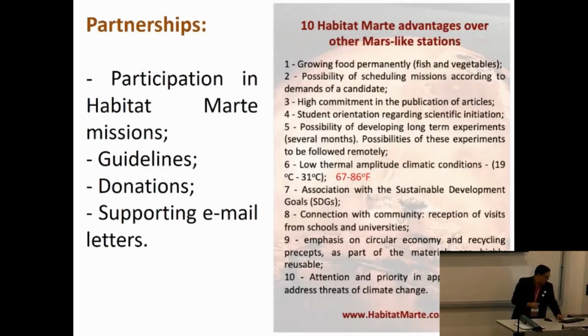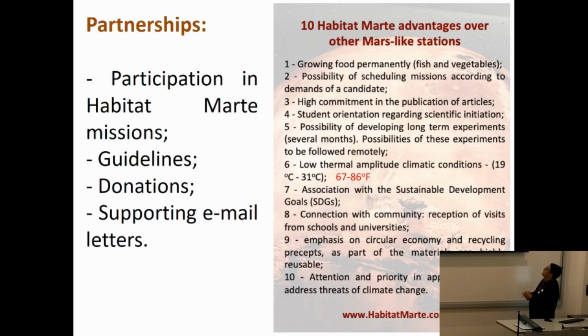And in this case, we are interested in partnerships, participation in Habitat Narte missions, guidelines, donations, or supporting letters. In our presentations, we are showing some logos, some brands of companies that are possible supporters. I was writing about 10 advantages compared with other analog astronaut stations.